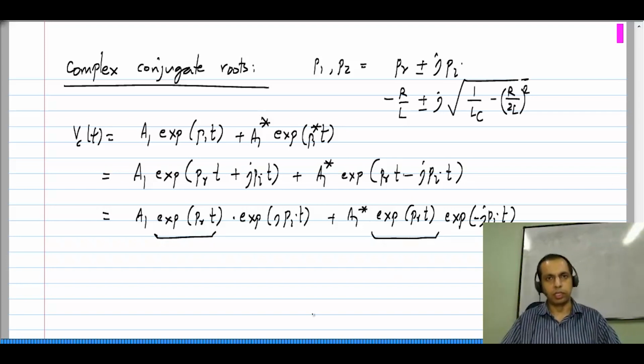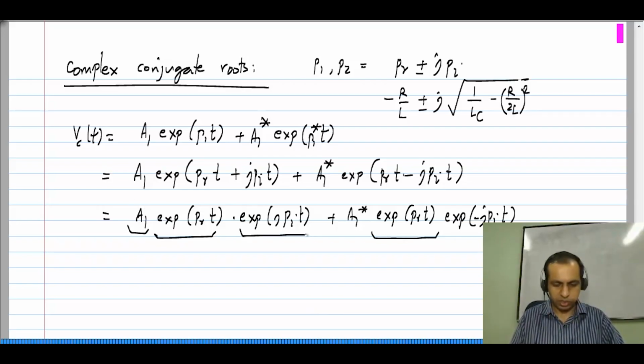This is a real number, exponential PR t, and is common to the two terms here. Now the other part, A1 times exponential j PI t, is some complex number. The other part, A1 conjugate times exponential minus j PI t, is also a complex number, and it is the complex conjugate of the first one.